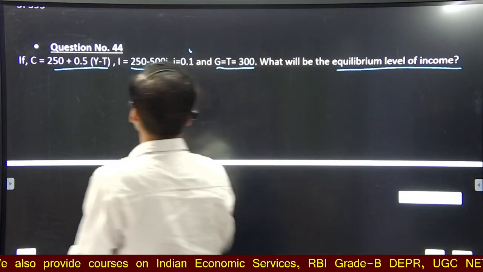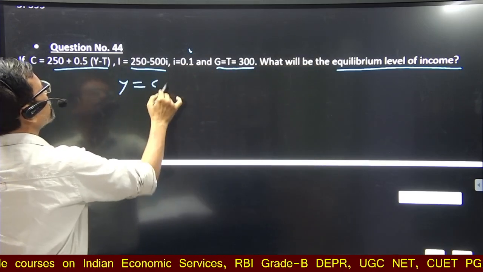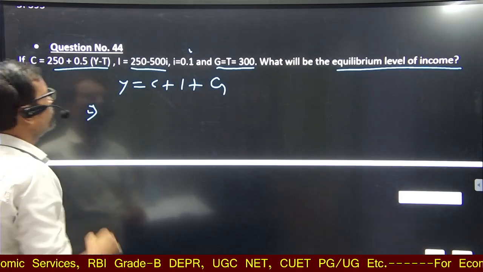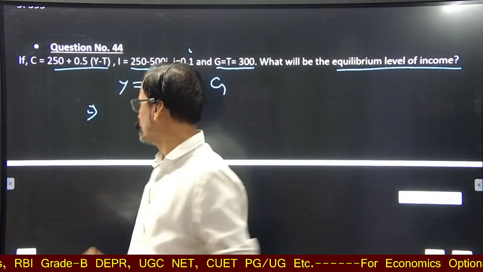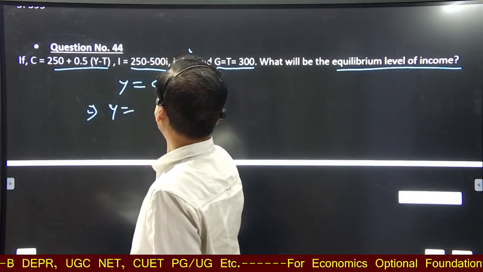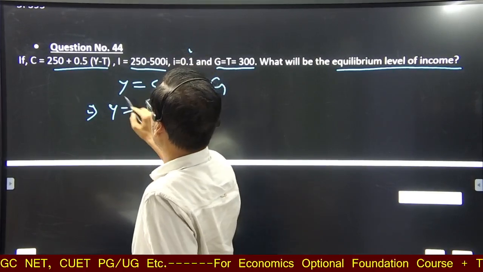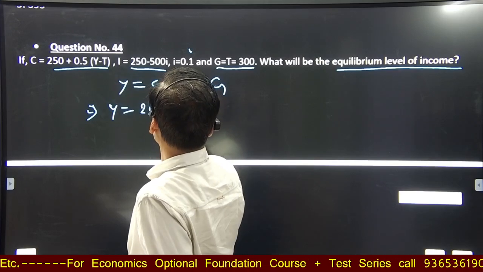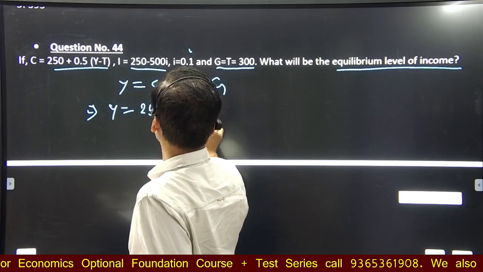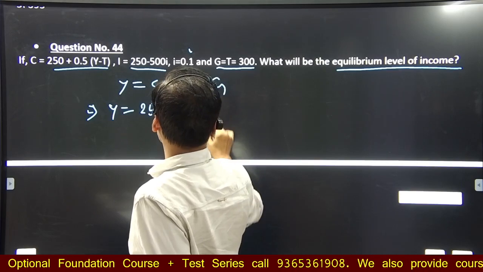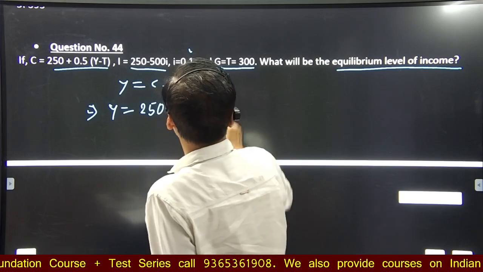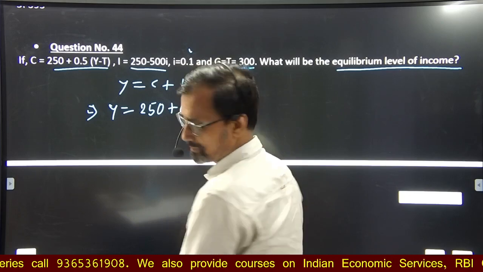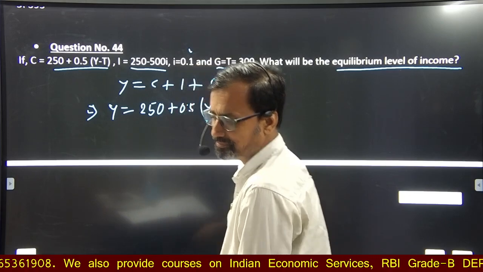So what is the income? C plus I plus government expenditure. The function of C is already given here: 250 plus 0.5 into Y minus T, where T is 300.